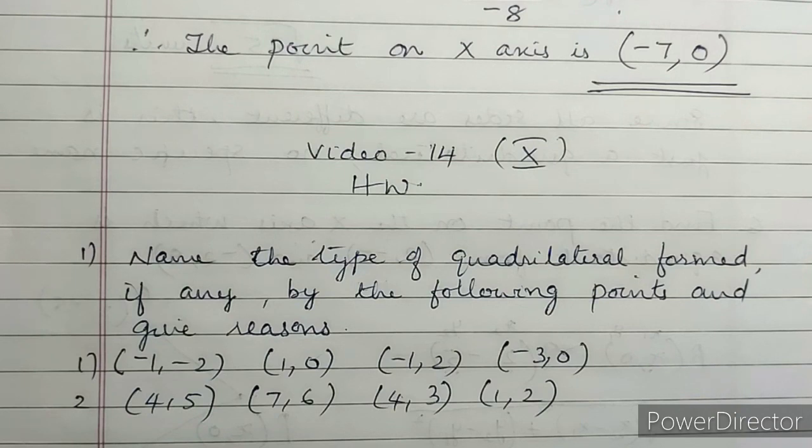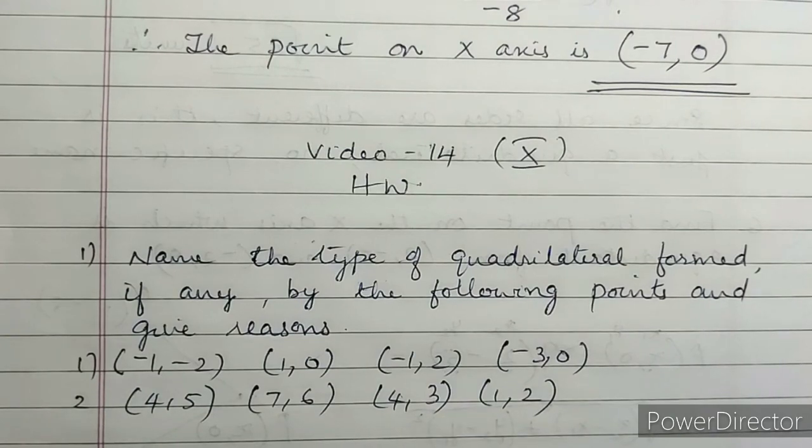If the diagonals are different, you conclude it is a rhombus. If all 4 sides are different, it is just a quadrilateral. If opposite sides are equal, then you can conclude that it is a parallelogram. Before that you have to check the diagonals also. If the diagonals are different, it is a parallelogram.